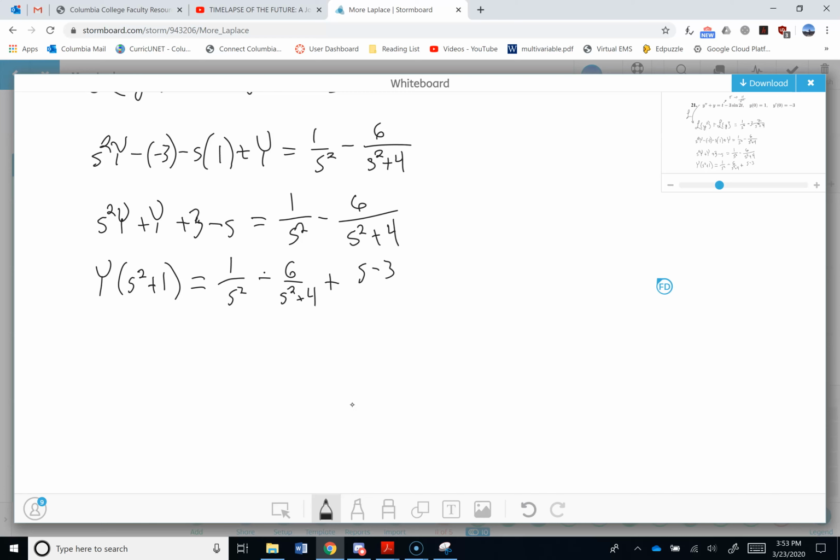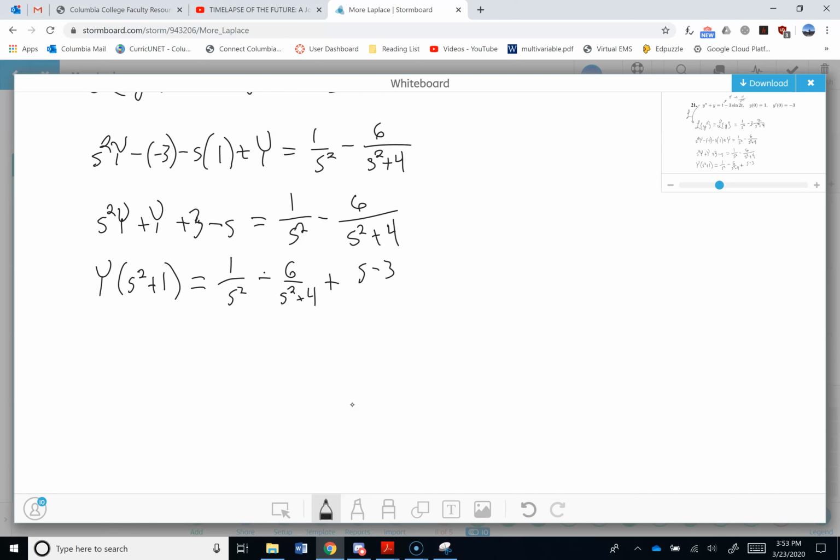Yeah, so the minus 6 over s squared plus 4. That's the part that looks like sine omega t, because that's where I got it from.